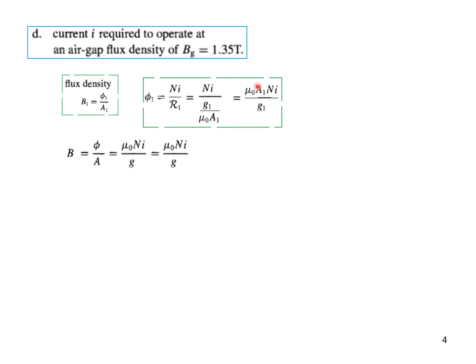Mu 0, area will get cancelled, Ni and g. So this is the final value.